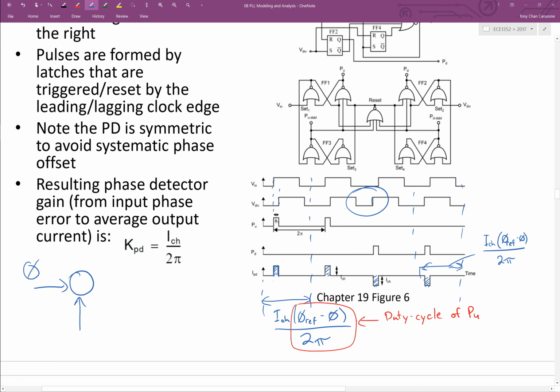It looks at the reference clock coming in. It's called phi in. Here's the output of the divider. It takes the difference between those and then multiplies the difference by this gain, which we're defining as KPD, which is ICH over 2 pi.